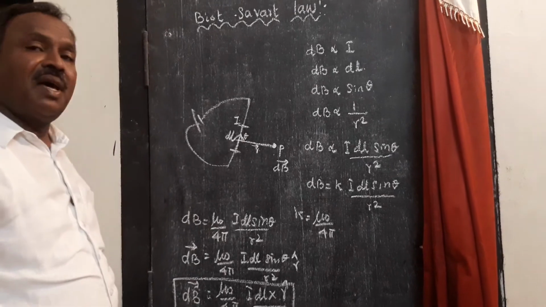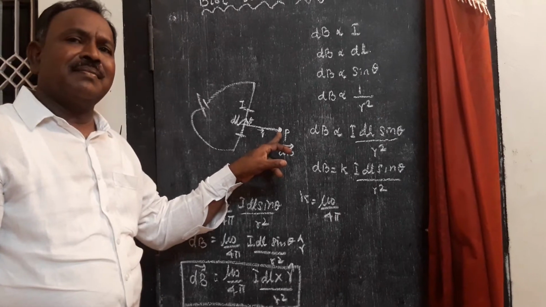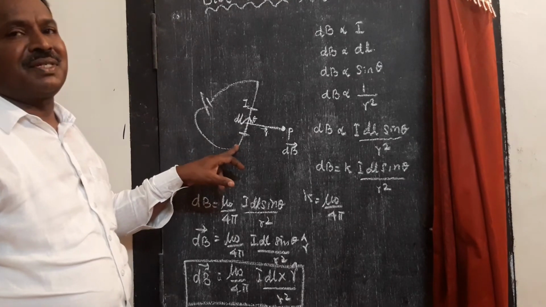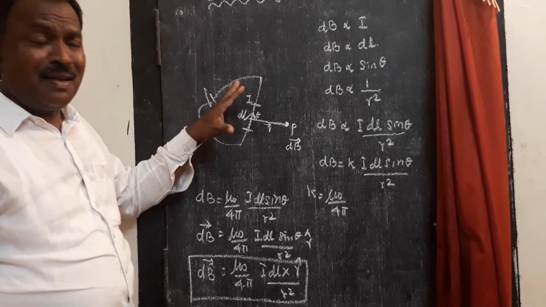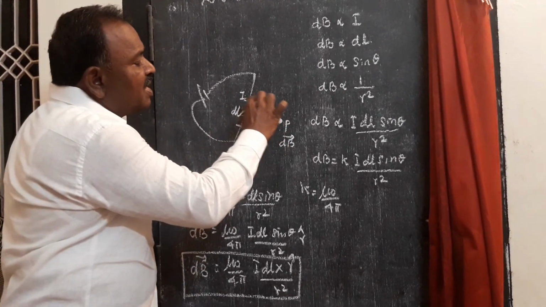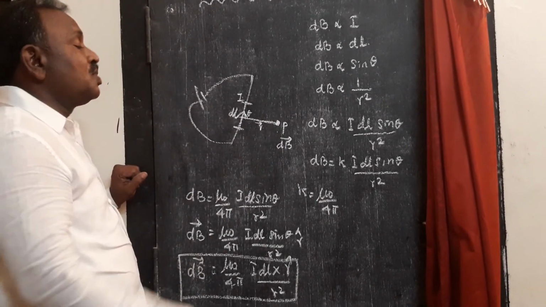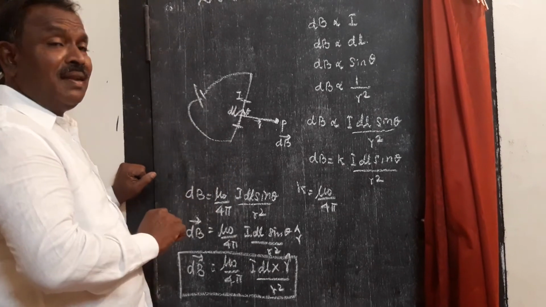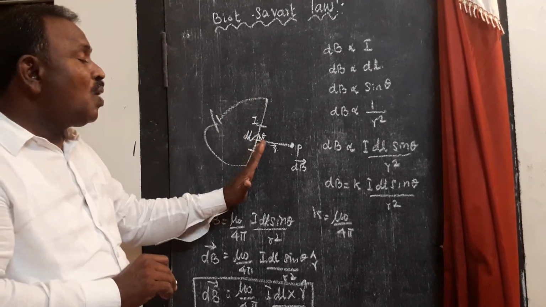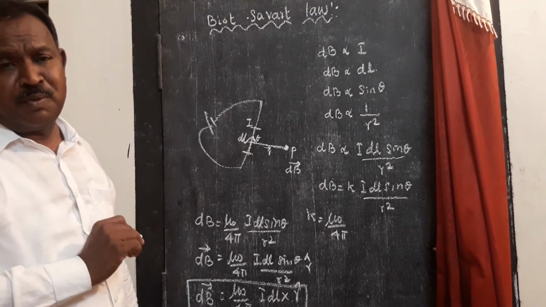Biot-Savart's law helps us to find the magnetic induction at any point due to a current carrying conductor element, not the whole current carrying conductor. Using this law, we can find the magnetic induction due to a current element at any point near the conductor. In order to find the magnetic induction due to a current carrying conductor, you have to apply the superposition principle. How to apply the superposition principle?